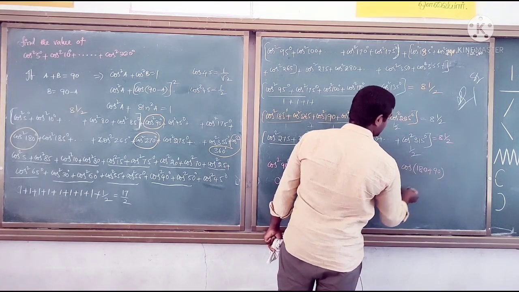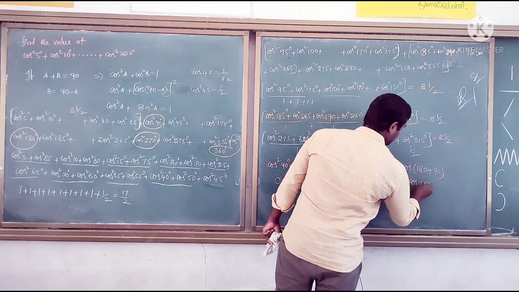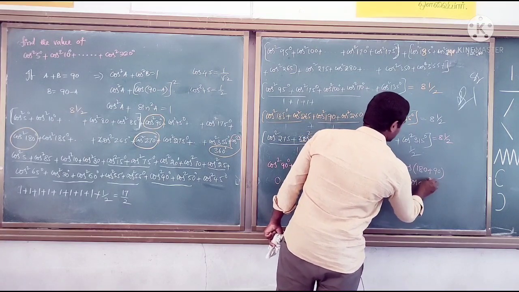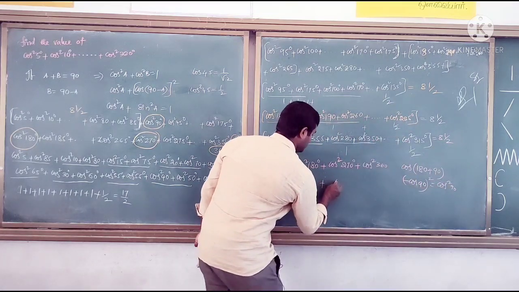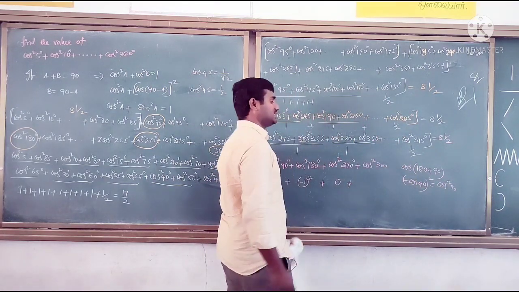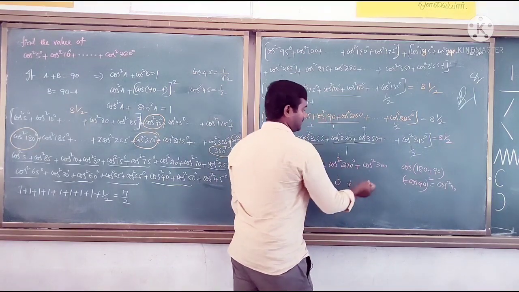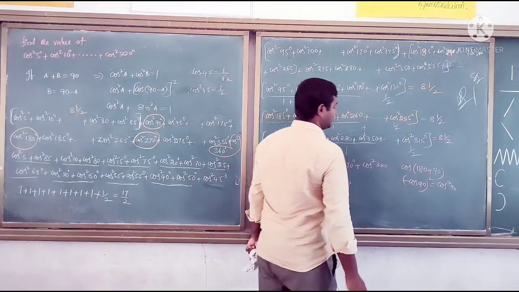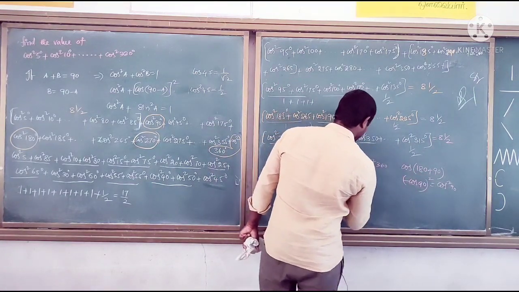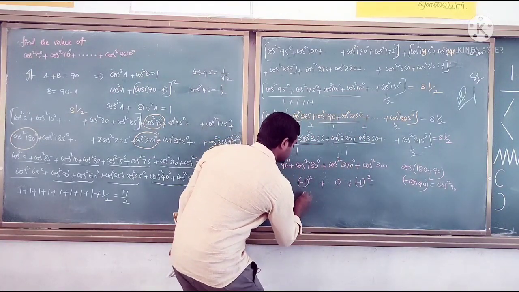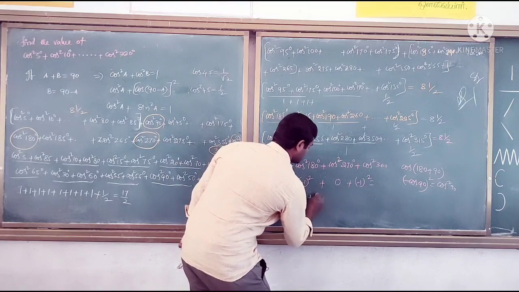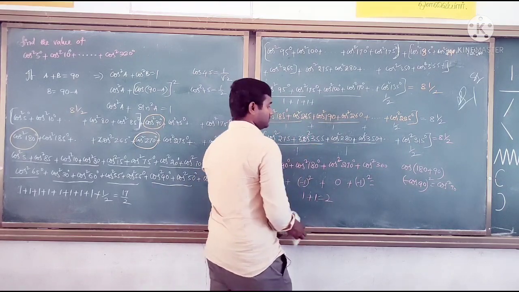So 180 plus 90 means minus cos 90 whole square, which is cos square 90. Cos square 90 is nothing but 0. And cos square 360 is cos square of (180 + 180), so that is minus 1 whole square, which is equal to 1. So the sum is 1 plus 1, which is equal to 2.